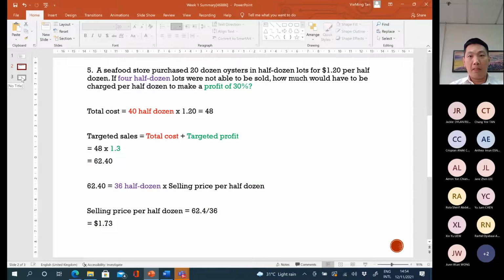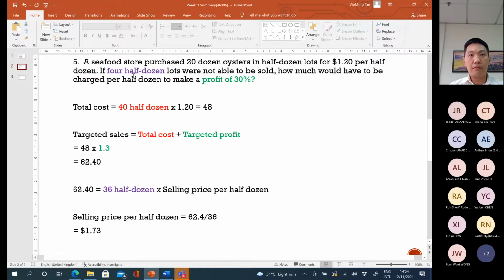So this is the question. Let us analyze together. A seafood store purchased 20 dozen oysters in half dozen lots for $1.20 per half dozen.